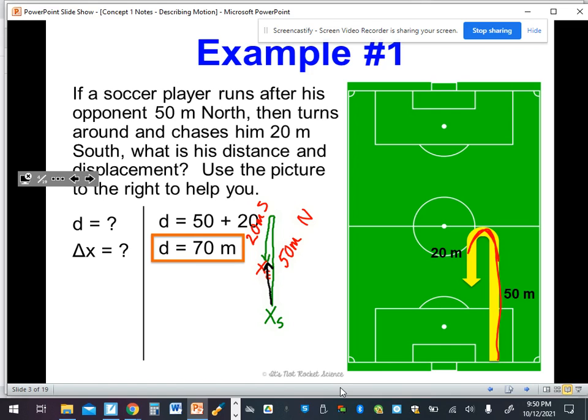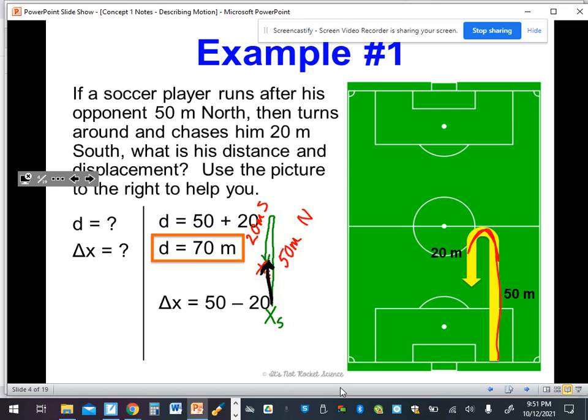So you ran 50 minus the 20, okay? So your delta X is 50 minus the 20. So 50 minus 20 is 30 meters, right? So that is the distance from this black arrow here. From my starting spot to my ending spot, I displaced myself 30 meters. I'm 30 meters from my starting spot, not 70. I'm only 30 meters from my starting spot.